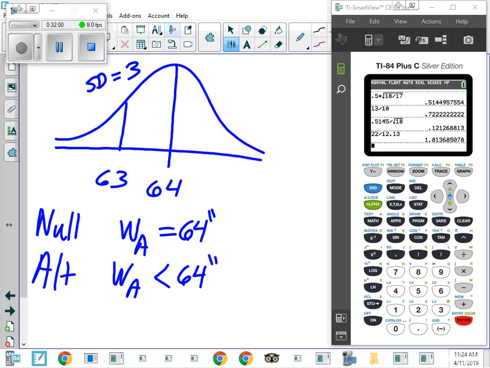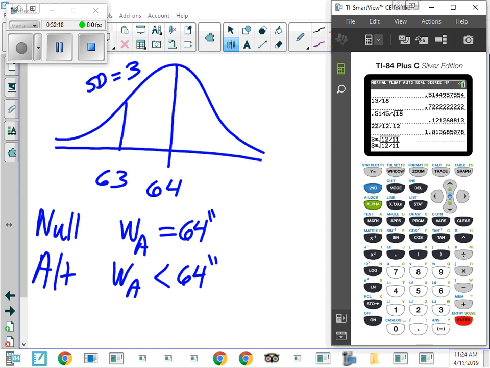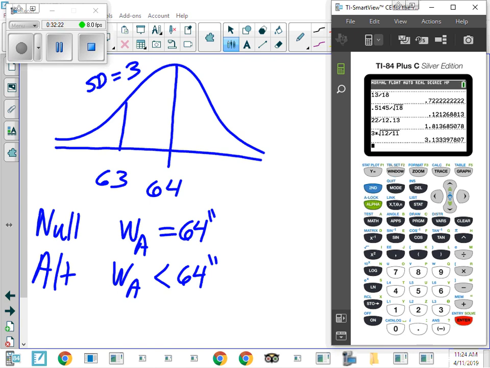So I have an SD. I need to turn it into an SD plus. So I take 3 and multiply it by the square root of 12 divided by 11. What is this going to do to my SD? It's just going to make it a little bit bigger. 3.13. And I need to create a t-score.